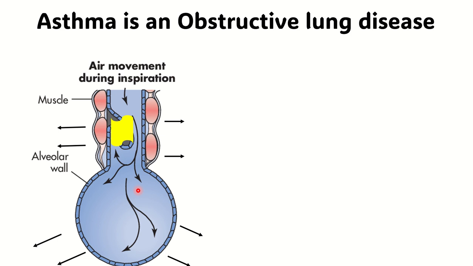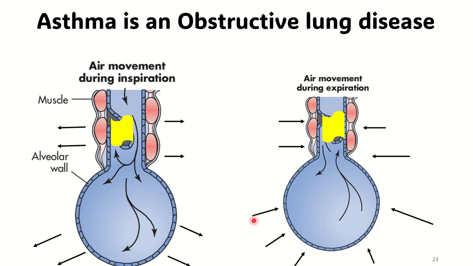But when a person starts expiring, the alveoli are compressed, and there is blockage of this airway because your airways also get compressed, as all the alveoli collapse and the lung parenchyma becomes smaller and smaller as it pushes out or exhales the air. When that happens, the airways embedded within the lung parenchyma also collapse.